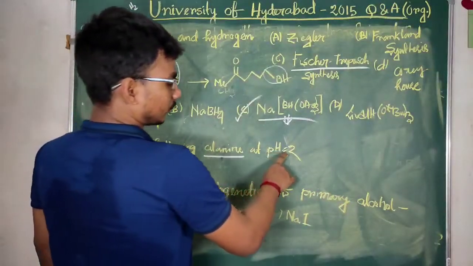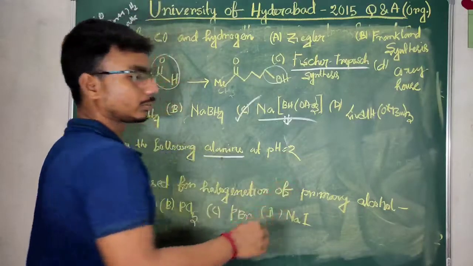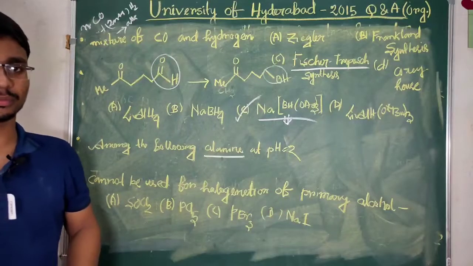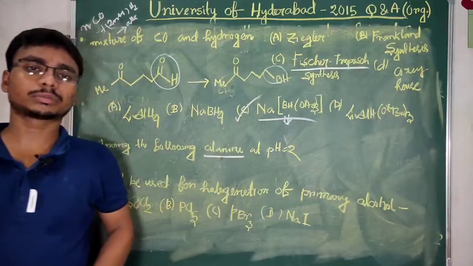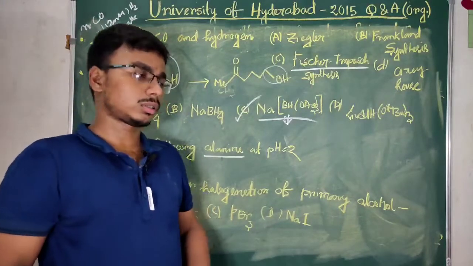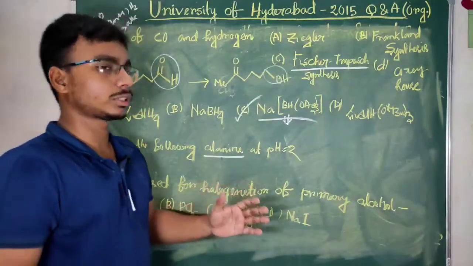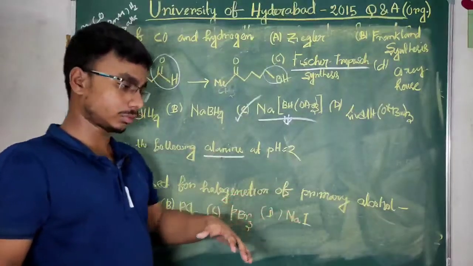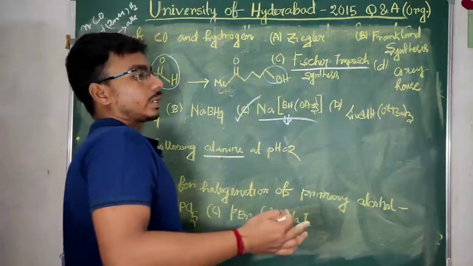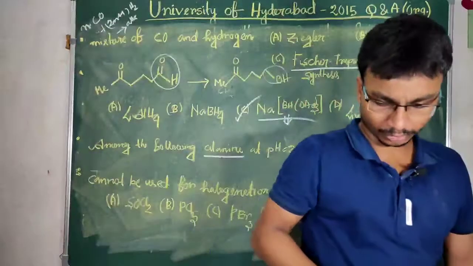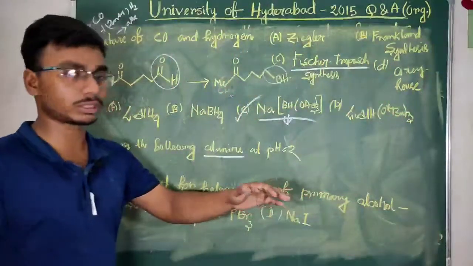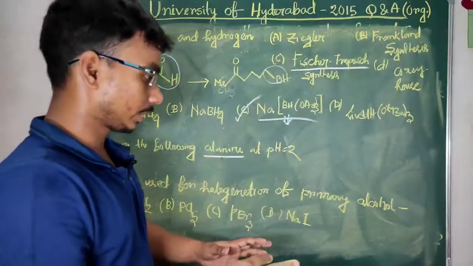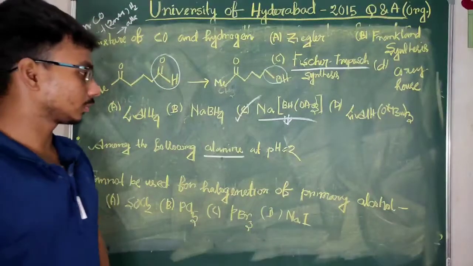So at pH equal to 2, the medium becomes very much acidic. So in acidic medium, a lot of H+ ions are present, because an acid releases protons.